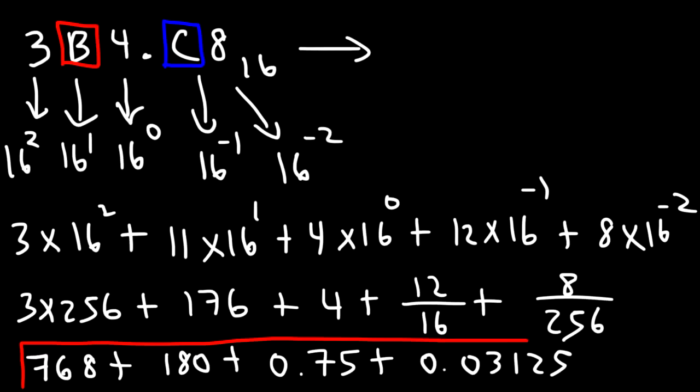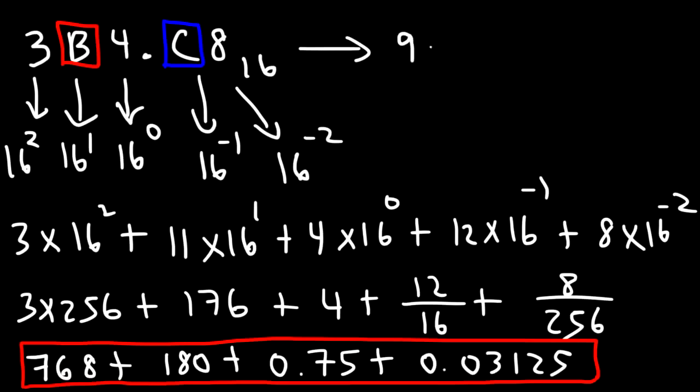So let's go ahead and add these numbers. And so you should get 948.78125. And this is in the base 10 system.